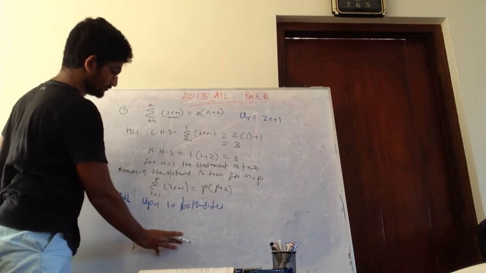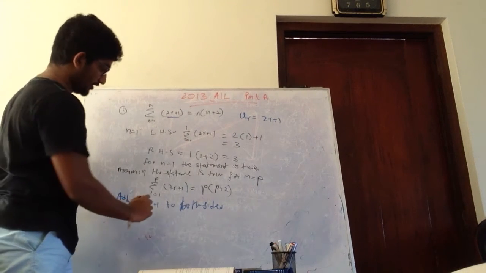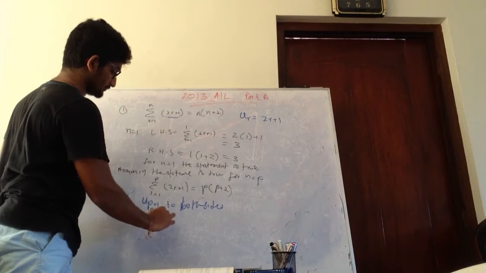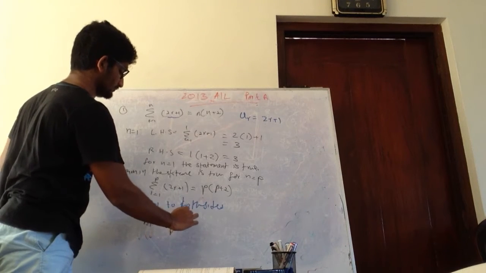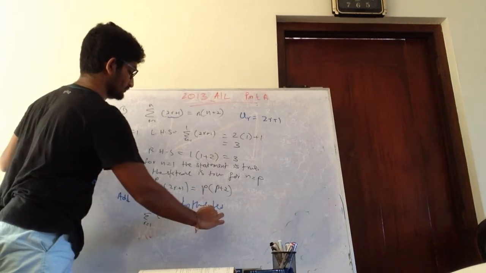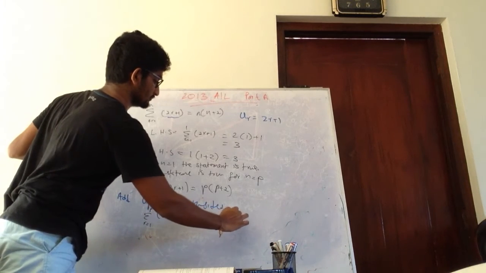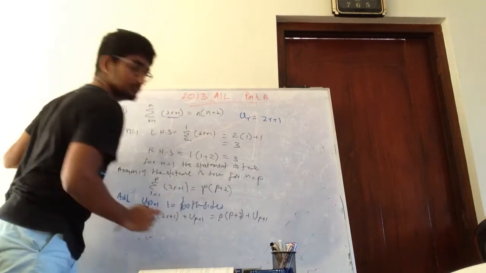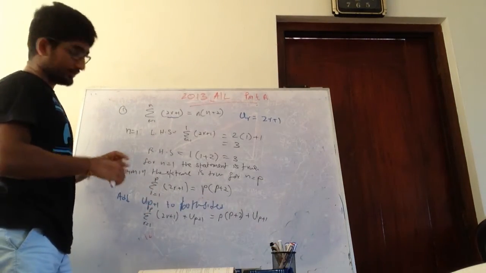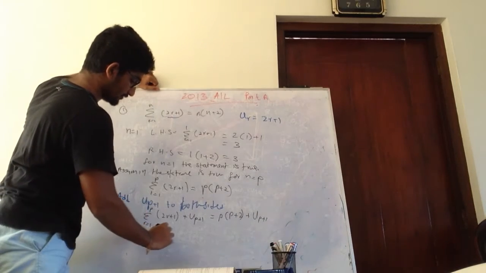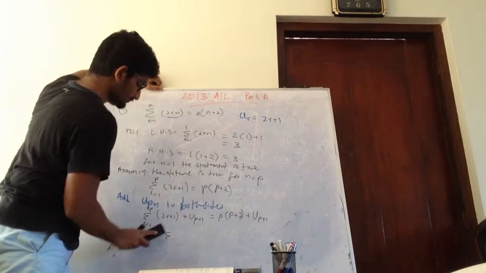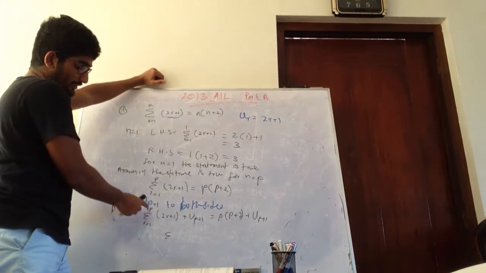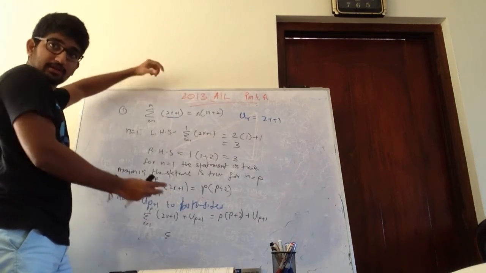Okay, so when I add u_(p+1) to both sides, right? So this becomes, so now another part is added.